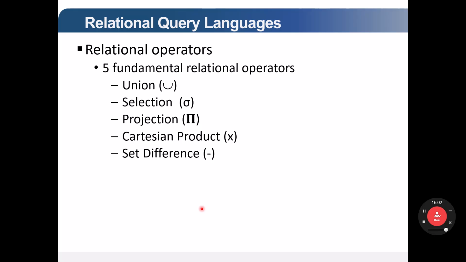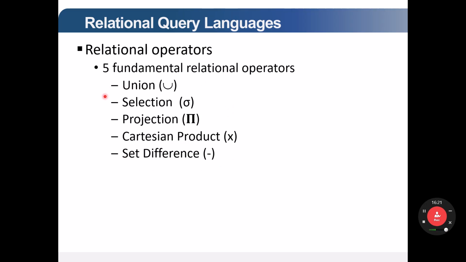So in set theory, we know union, intersection, set difference. And in addition to those operators, this relational algebra introduces some more operators. But so we have a bunch of relational operators.